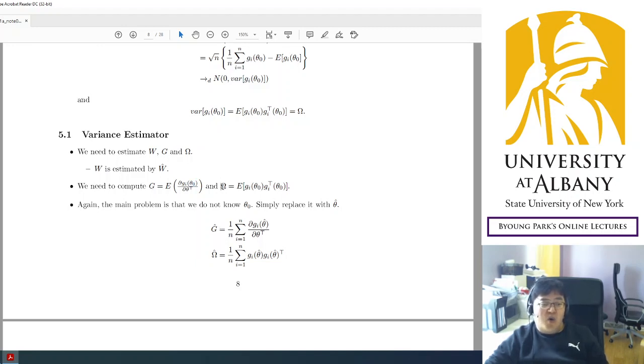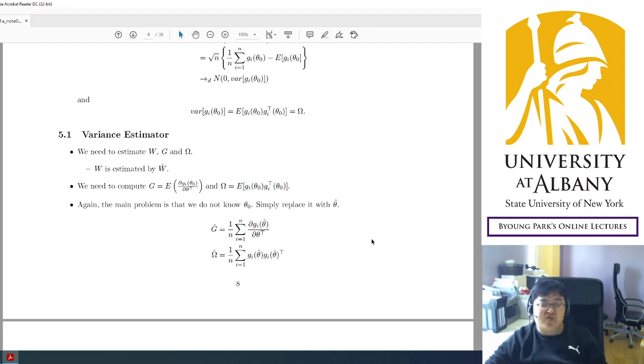And omega. Omega is another population mean, of g g prime. It is a kind of variance. This is the variance of g. And the population mean is easy, replace it with the sample average. And g is known, you know the function g, but theta zero is unknown, so replace it with theta hat.